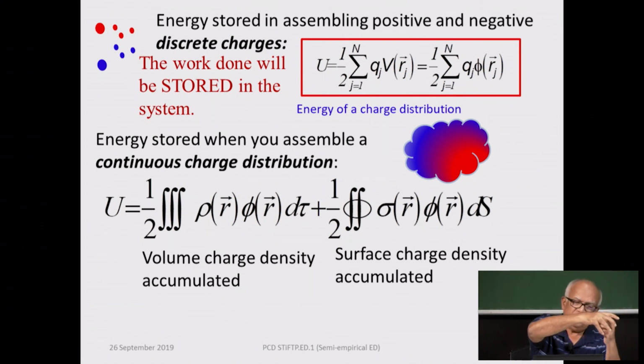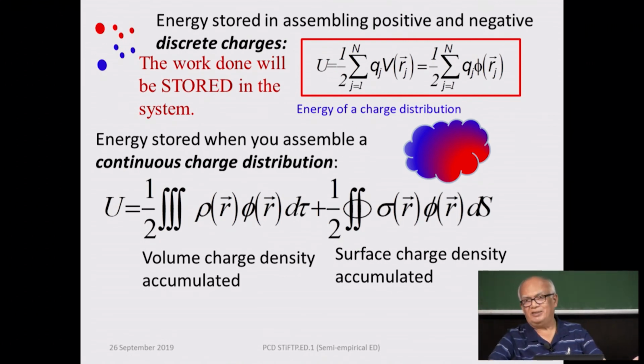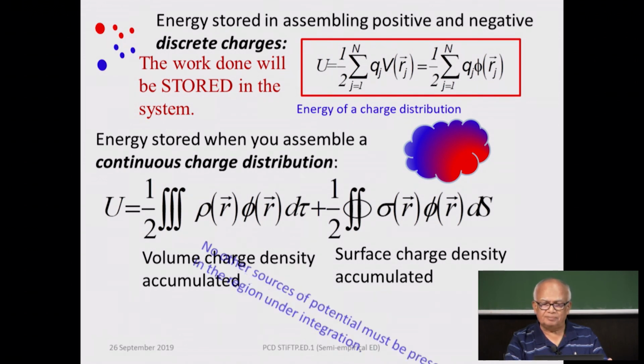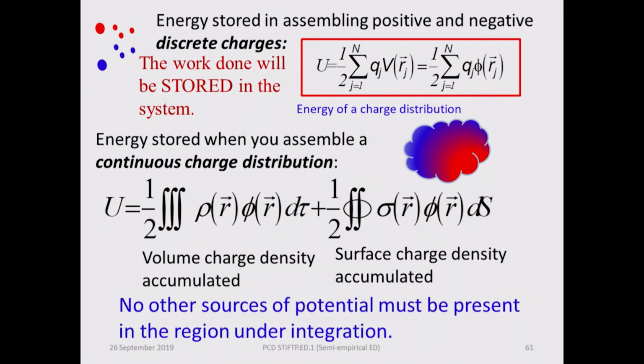So, the volume integration has to be over the entire infinite space. The surface integral also has to be over the entire infinite space. It has to include all the space that is there in the universe. No other source of potential must be present in the region. Everything is to be included.